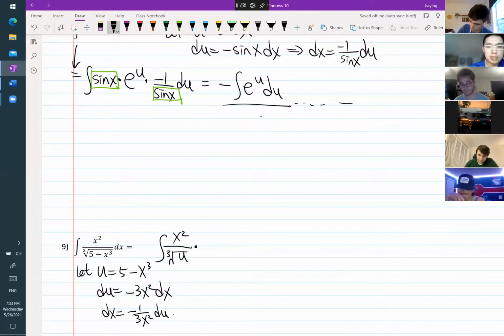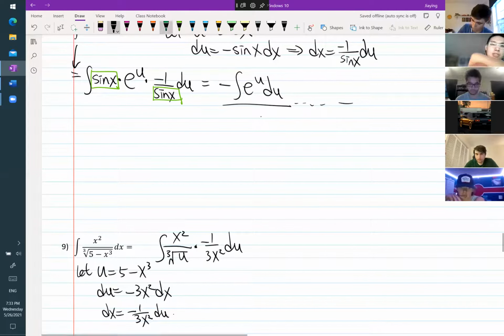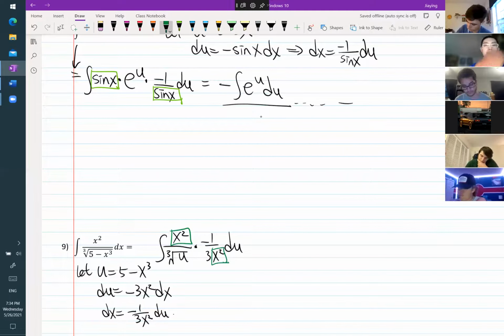And the dx becomes -1/(3x squared) du. It's really nice because again, the x squared and then the x squared in the denominator, they cancel. We just end up with -1/3 integral of 1 over cube root of u du.